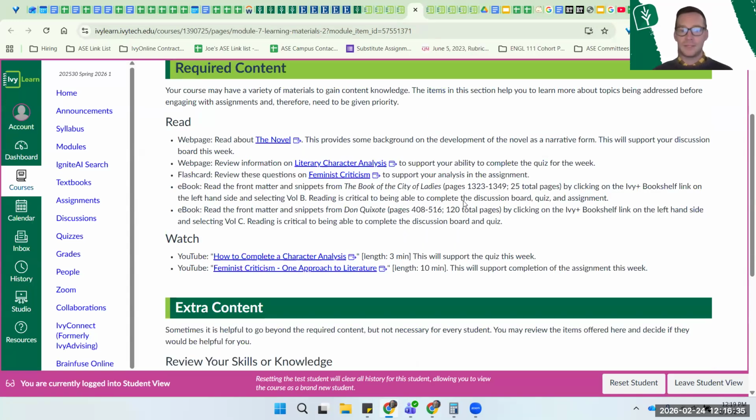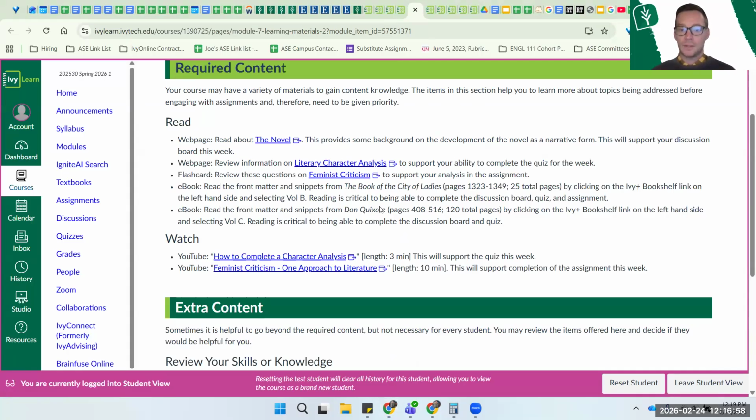So, what are our learning materials this week, and which should you pay extra close attention to? Well, one of our quizzes is a character analysis quiz. So you should absolutely review literary character analysis to consider what we want to ask whenever we're thinking about analyzing a character.